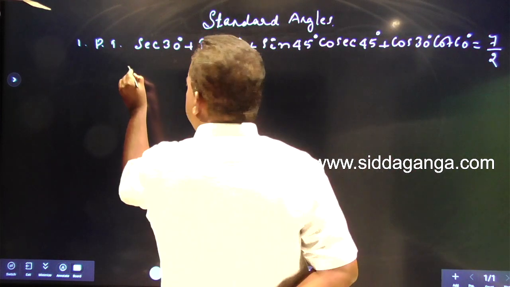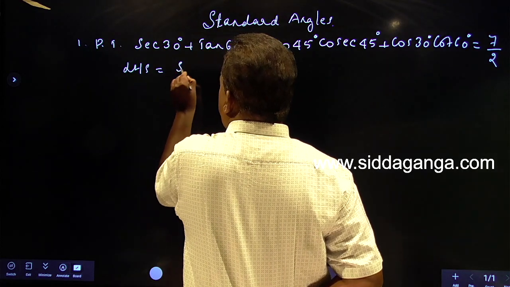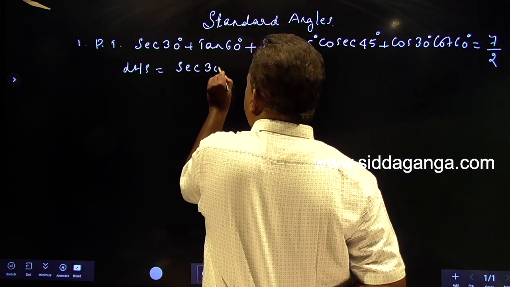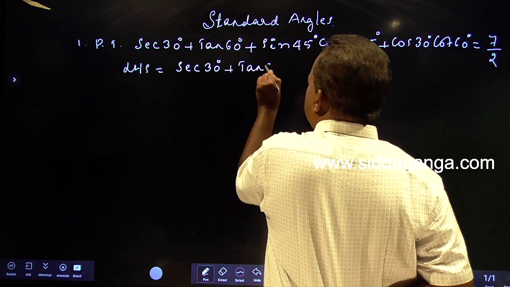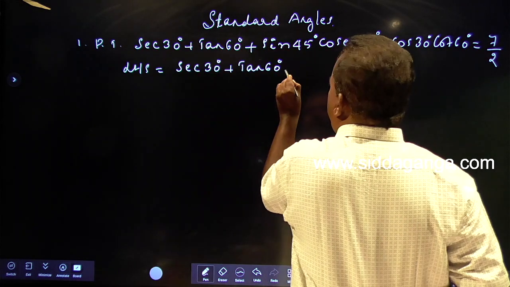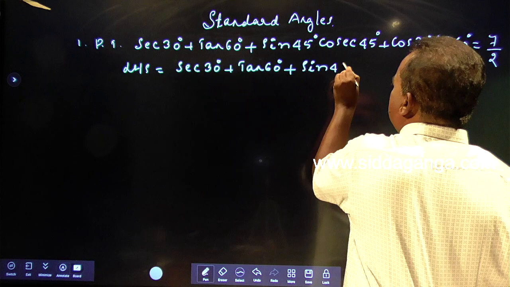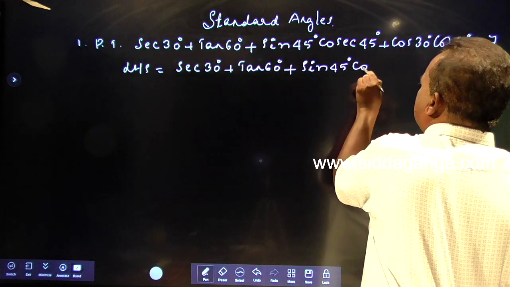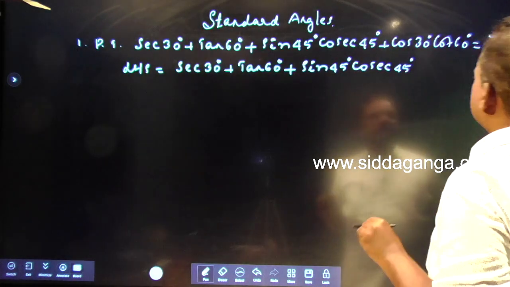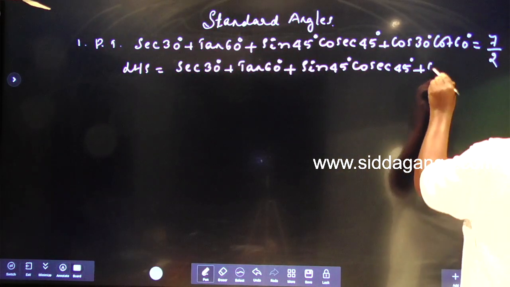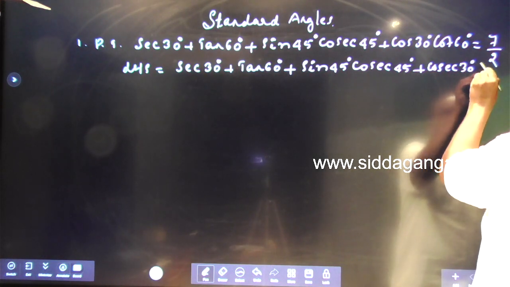So what is LHS? Secant 30 plus tan 60 plus sin 45 into cosec 45 plus cosec 30 into cot 60.